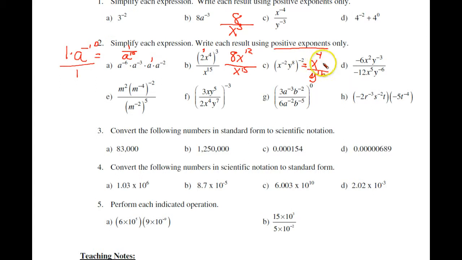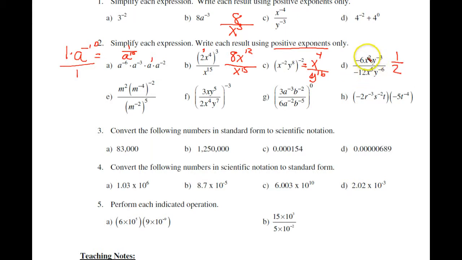Now, initially it was up here. I'm saving a little room. This became a y to the -16 up here. They only want positive exponents, so I just moved it down. Okay, now keep in mind we can kind of divide this up into pieces. Here we have a -6 divided by a -12. That's going to give us a positive 1/2.